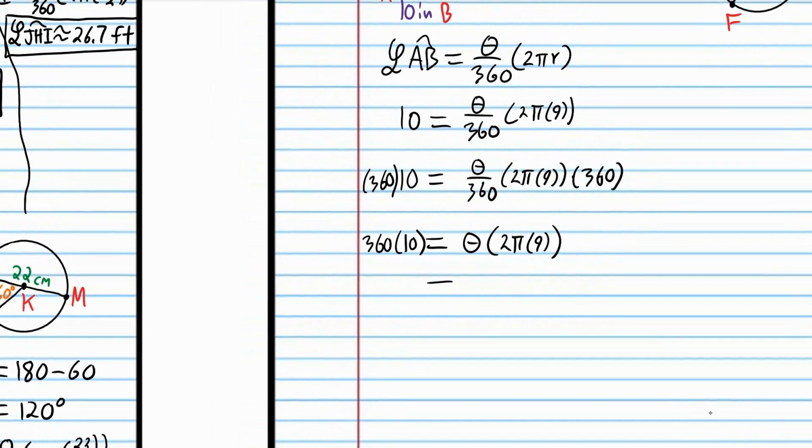So now at this point, we're going to take that expression and divide everything by 2 pi times 9.